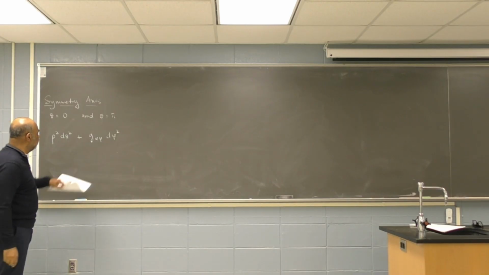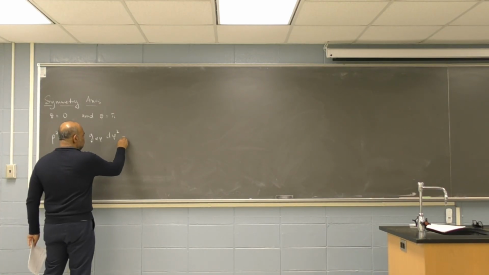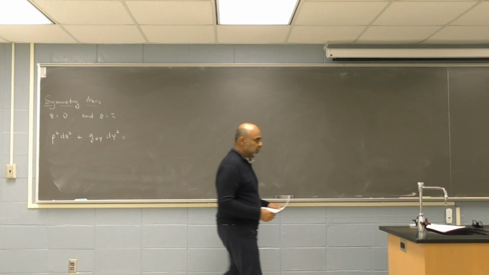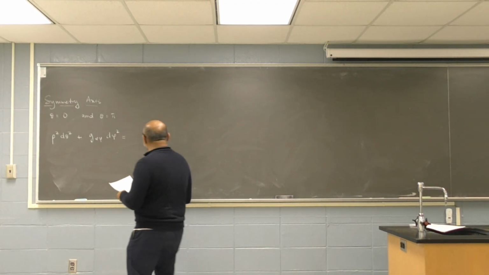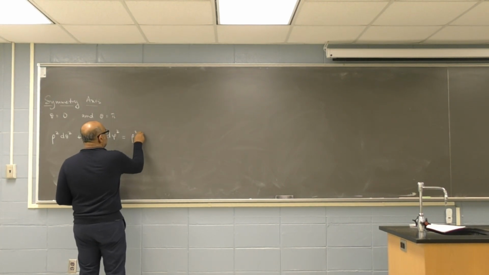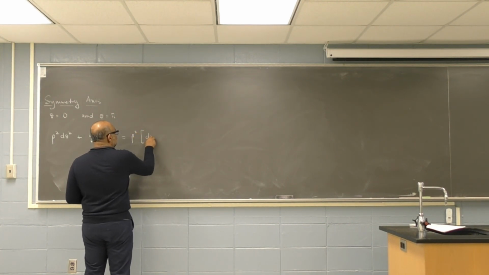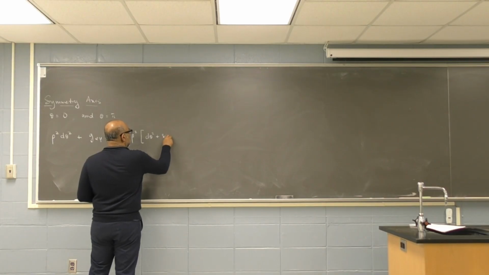And we have an expression for g phi phi. A simple algebraic shuffle would actually verify that this is equal to rho squared times a very familiar object.